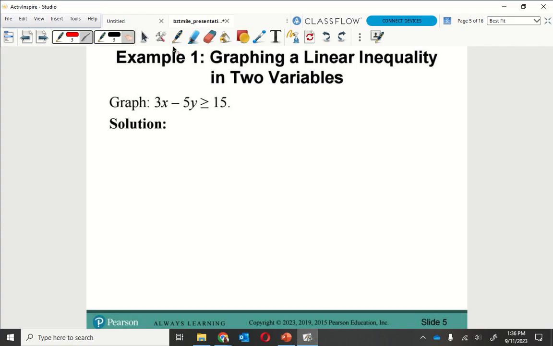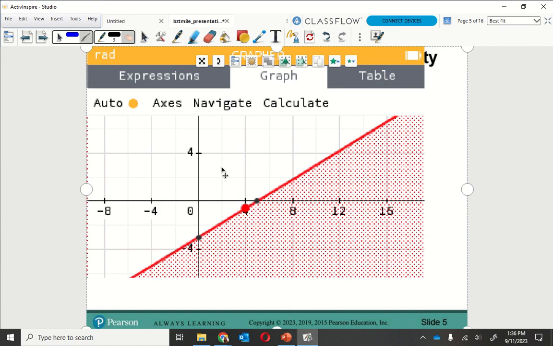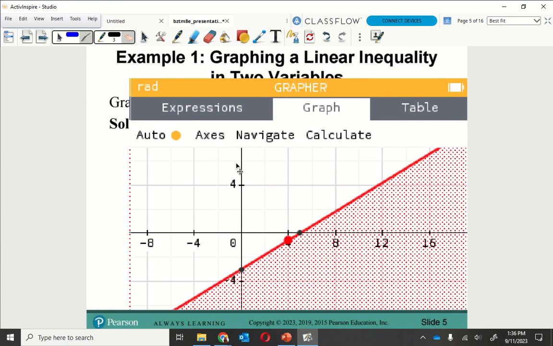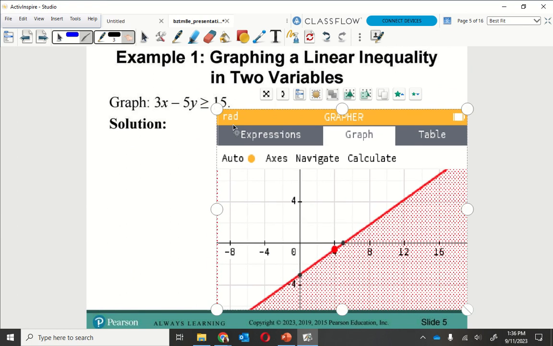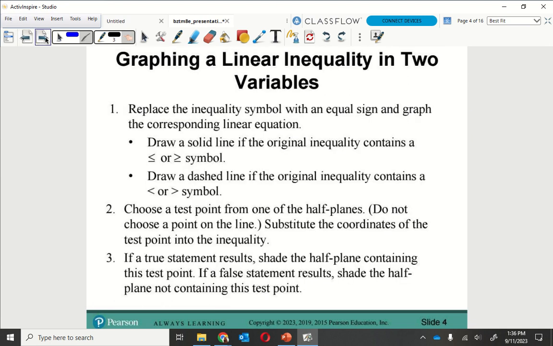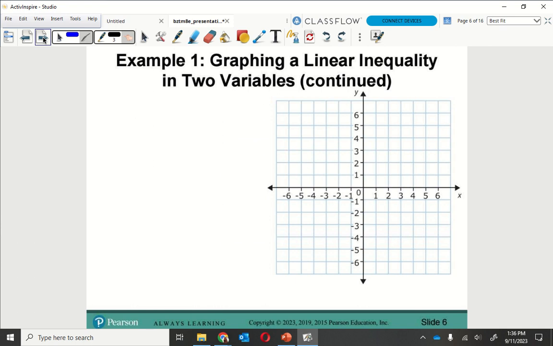And there you go. We're going to graph it. And this is what the graph, it says graphing linear inequality, and your graph is, wait, right there. On the next slide is where your graph comes out.